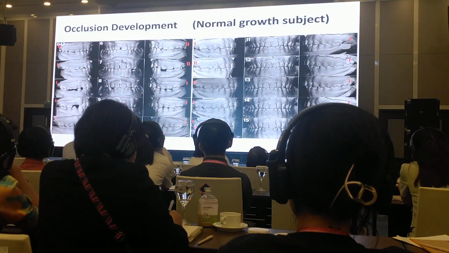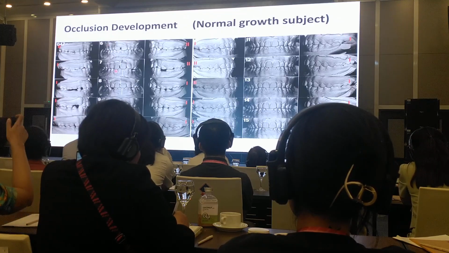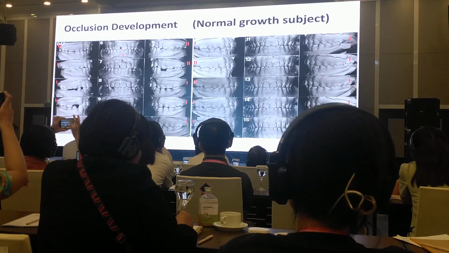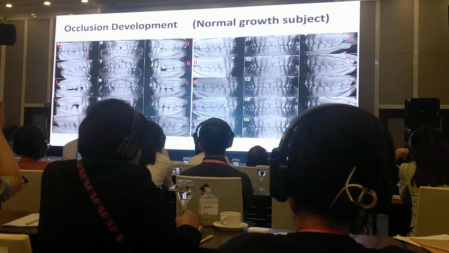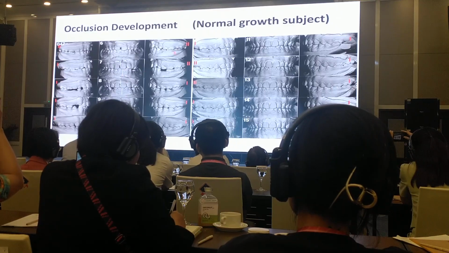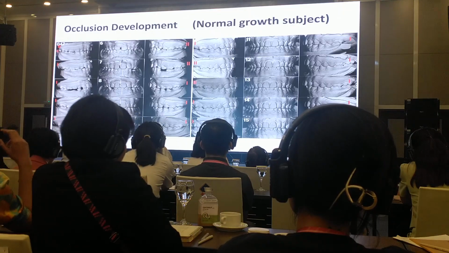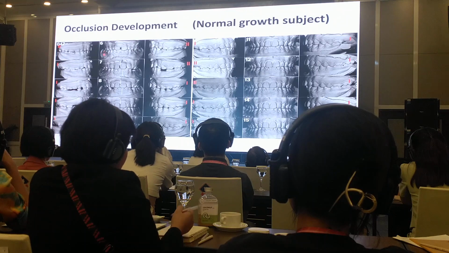Then, this is the occlusion development, the normally growing surface. Now, you should see what happened in occlusion. Initial occlusion, many kids showed half class 2. This is 6 years of age.